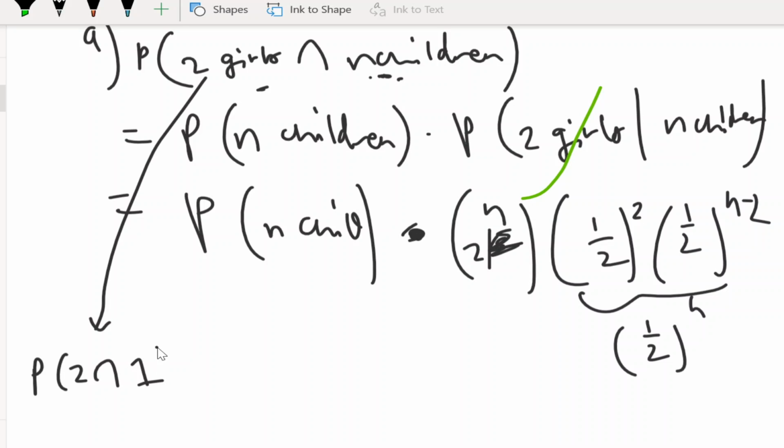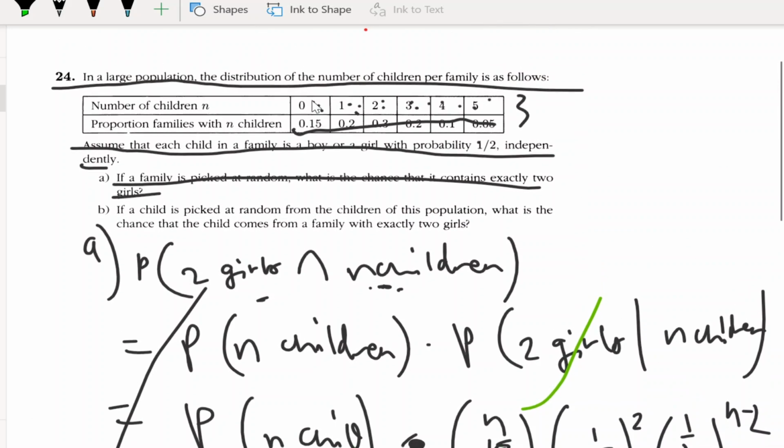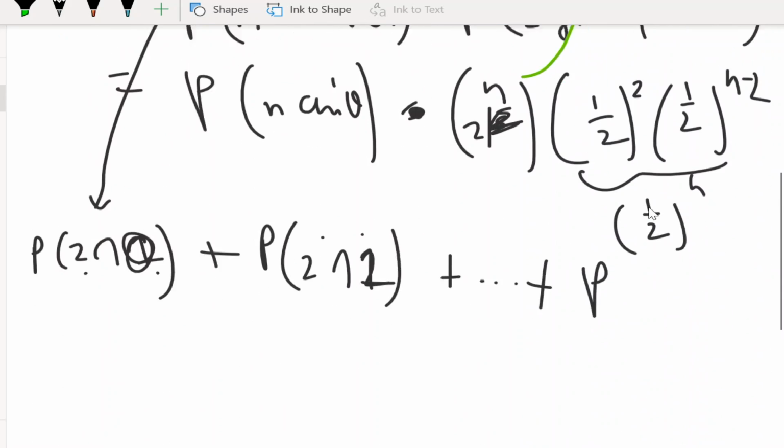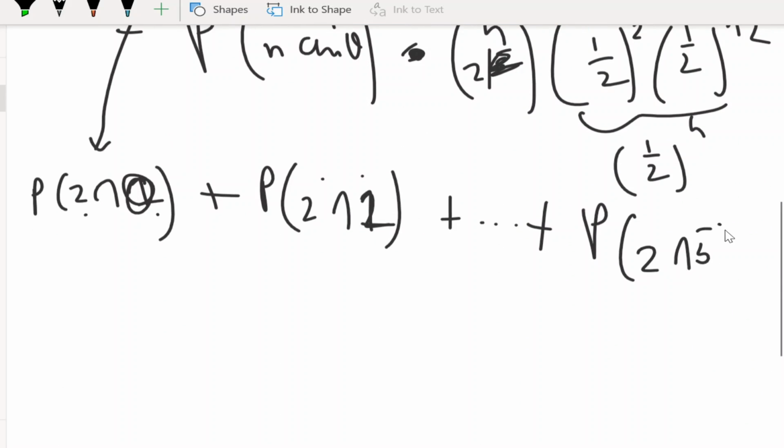So P(2 girls, 1 child), plus P(2 girls, 2 children). Oh, sorry, I forgot the 0, didn't I? Okay, I'll write this as 2 girls, 0 children, 2 girls, 1 child, plus dot dot dot, all the way up to P(2 girls, 5 children).